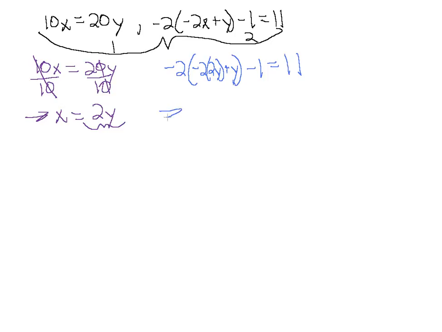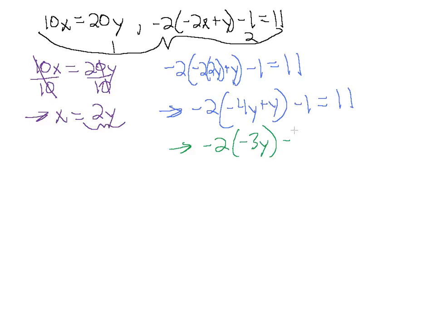We have -2 times 2y is -4y, plus y, minus 1 equals 11. We're still working on the inside of the parentheses. Minus 2 times, we have -4y and +1y, so we have -3y, minus 1.